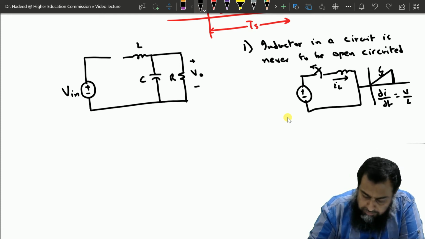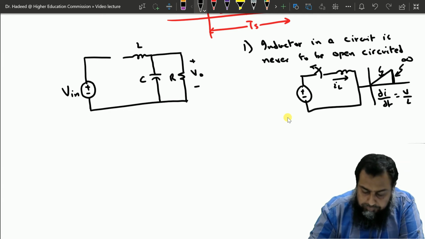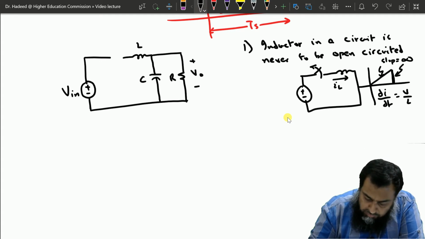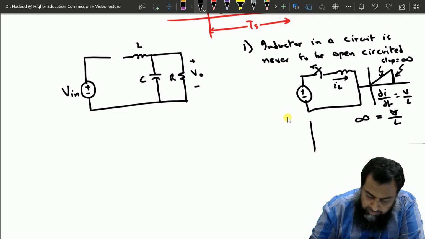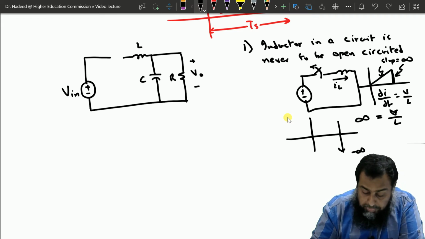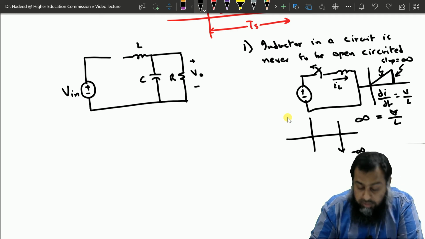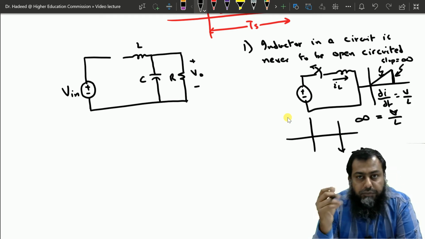With this in mind, notice here that the slope of the current is infinity. This means that di over dt is equal to infinity, and because we do not have the current equal to infinity, what happens here is that the voltage across the inductor shall go to minus infinity, and there shall be a high voltage generation that can damage the switch.